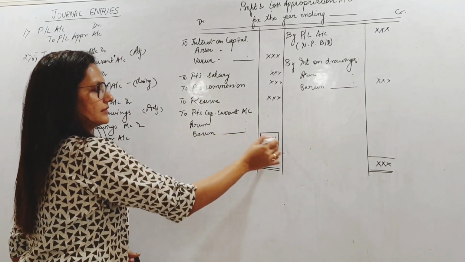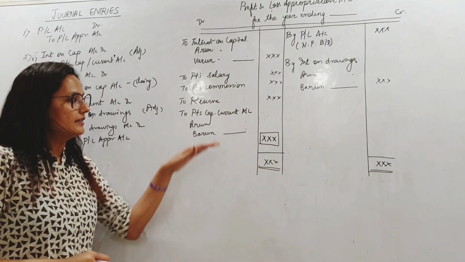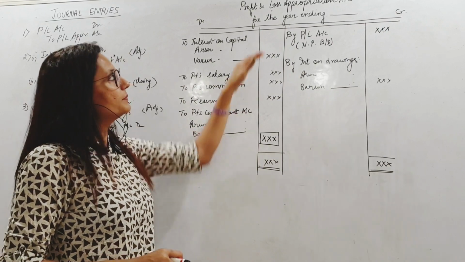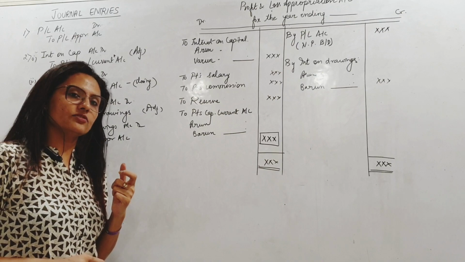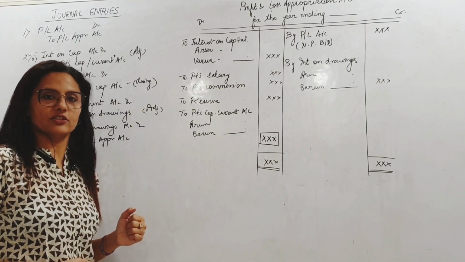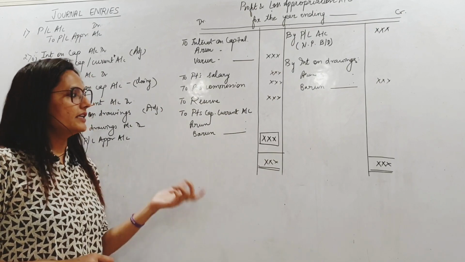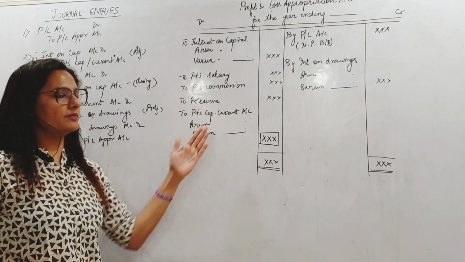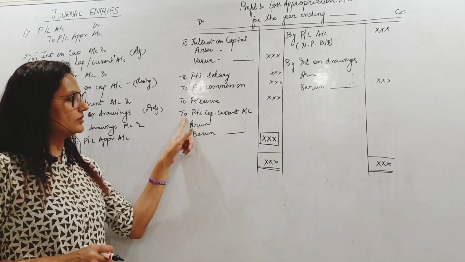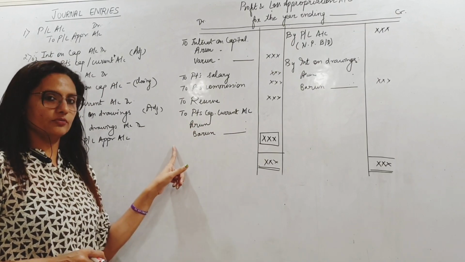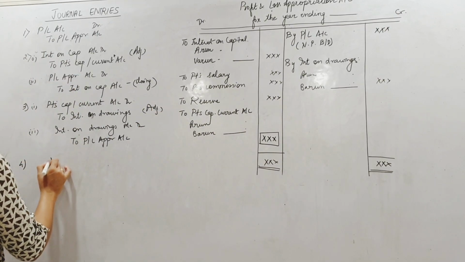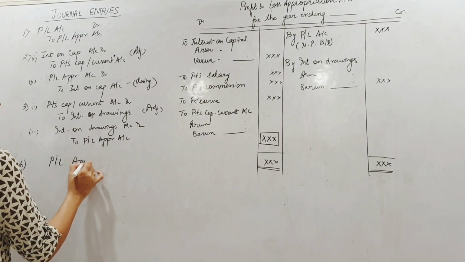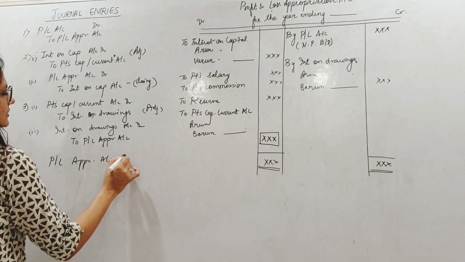Okay, this total here. This is how we close the PL appropriation account. The question might be, give the closing entry for profit and loss appropriation account, or give the entry for distribution of divisible profit among the partners. So this is how it is supposed to be showing here, and the journal entry for that would be PL appropriation account debit.